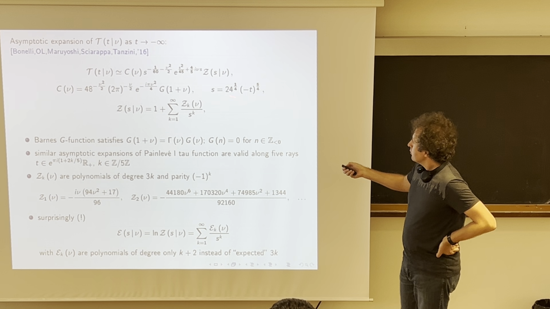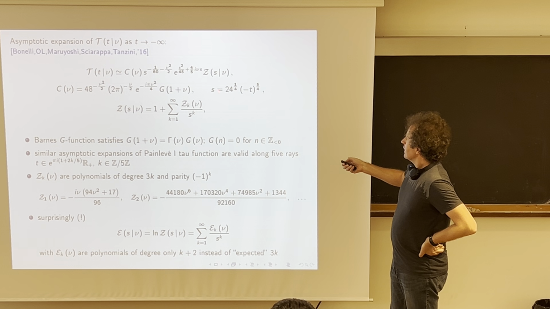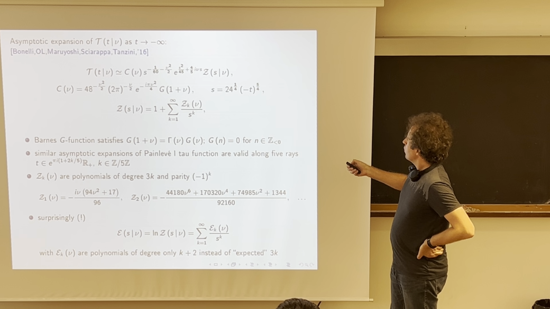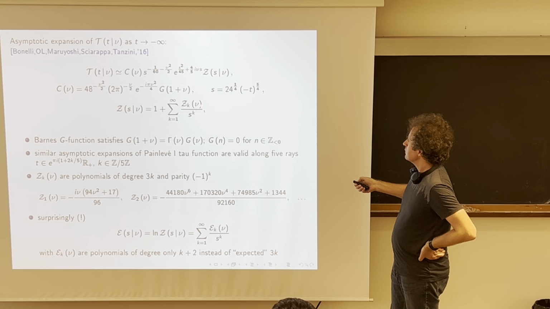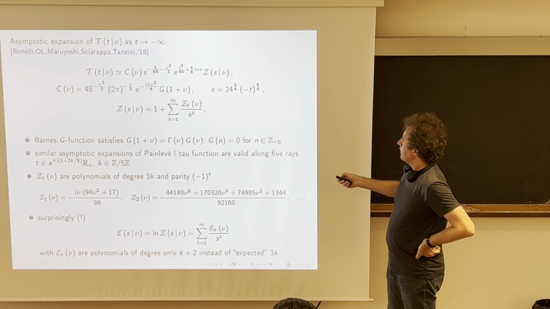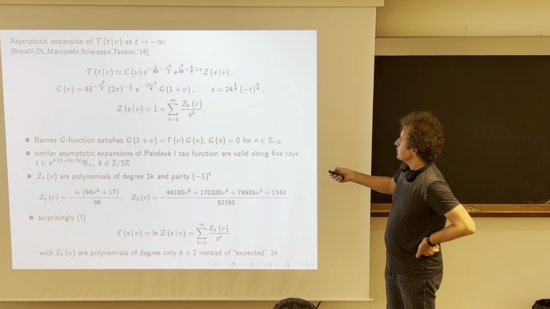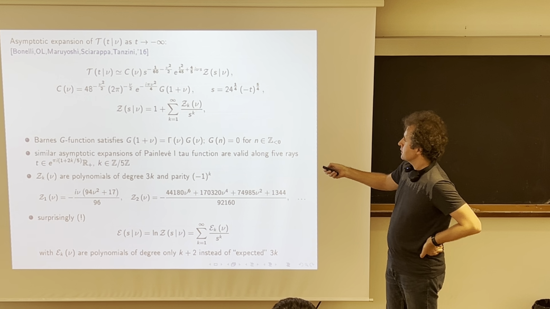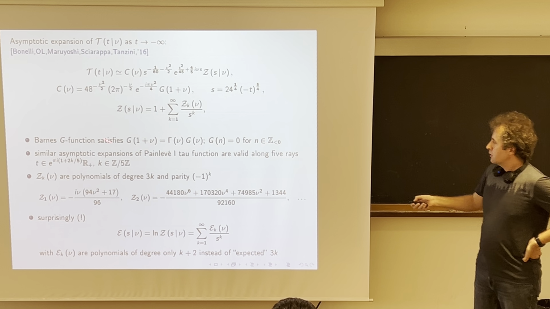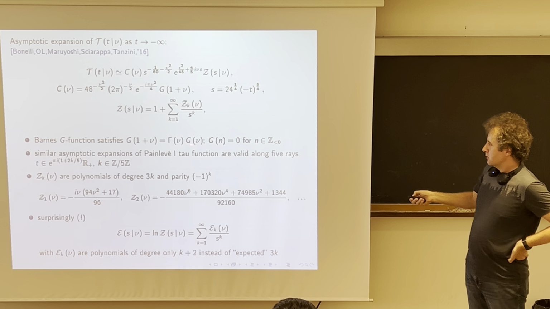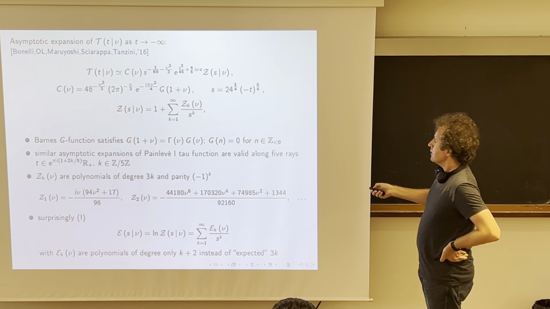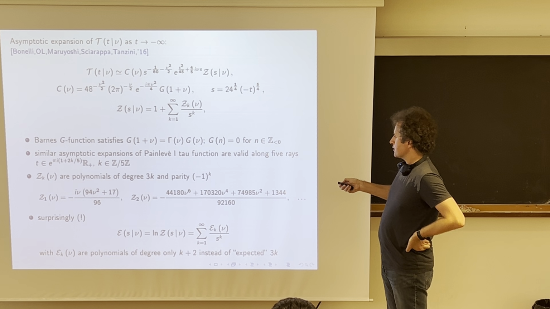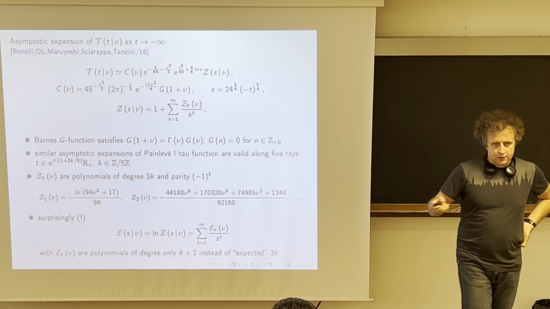So it's not very important to remember all pieces of this formula. One thing which is probably worth noticing is this Barnes G function, which appears here in the structure constants. It satisfies a certain recursion relation, and in particular, this function vanishes on negative integers.